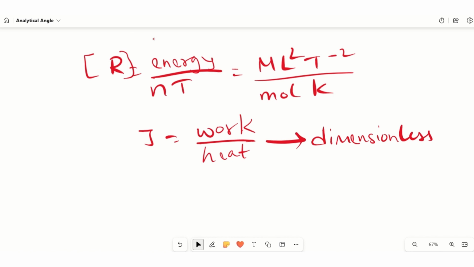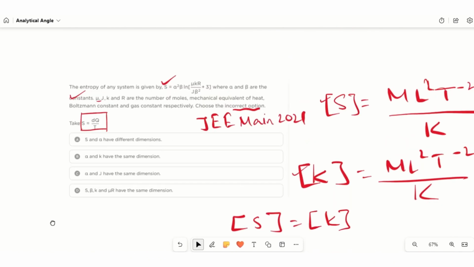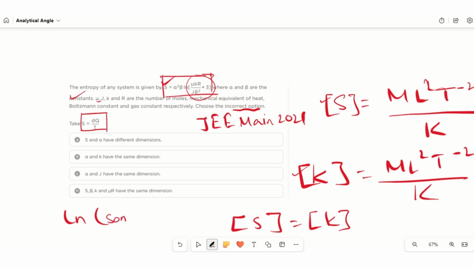Now coming back to the question, we are given this equation. Notice that this is a part of natural log, and the natural log of something, this something will always be dimensionless.